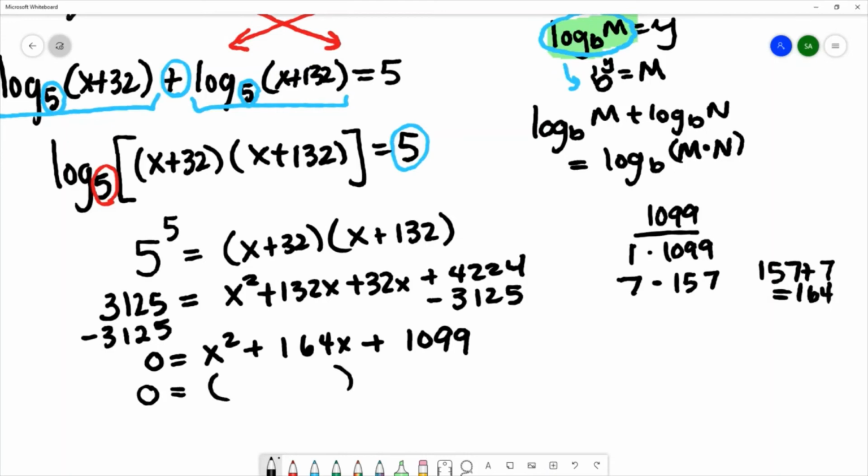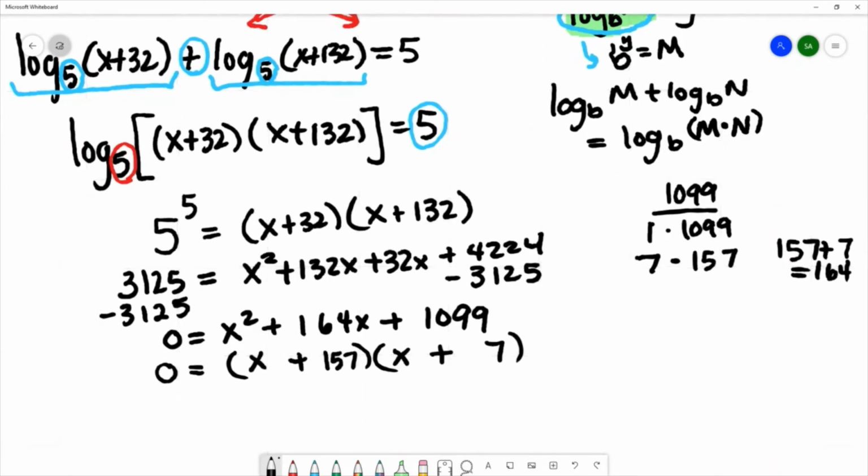So we're going to factor. We have x and x, 157 and 7. We want both of those to be positive. And then we're going to set each one of these factors equal to 0 using the zero product property.